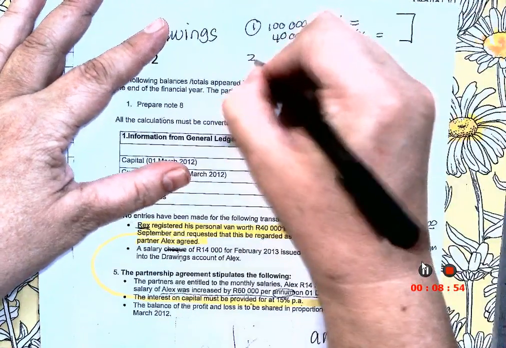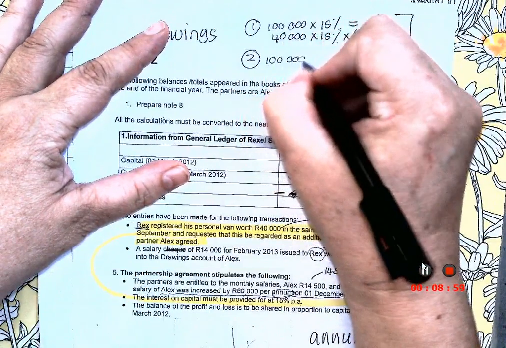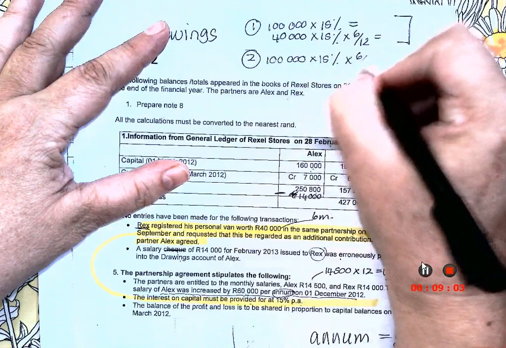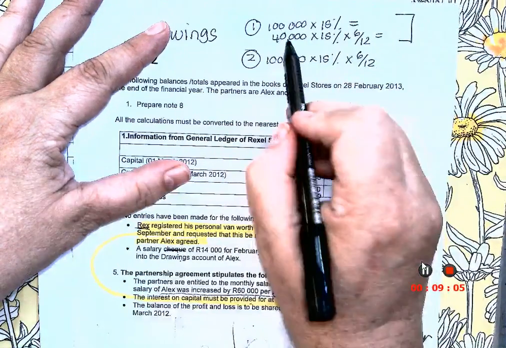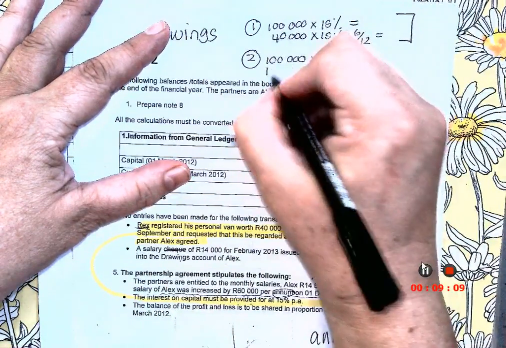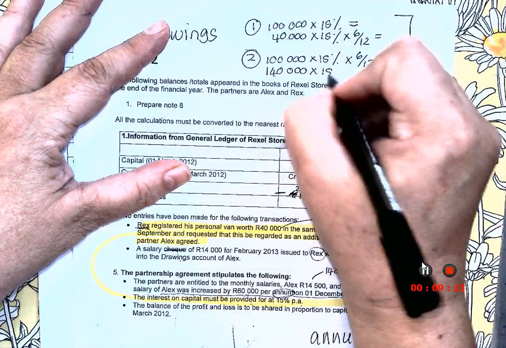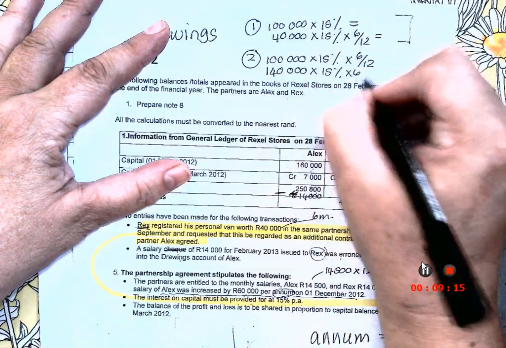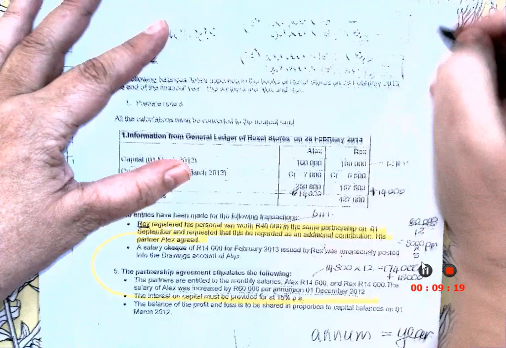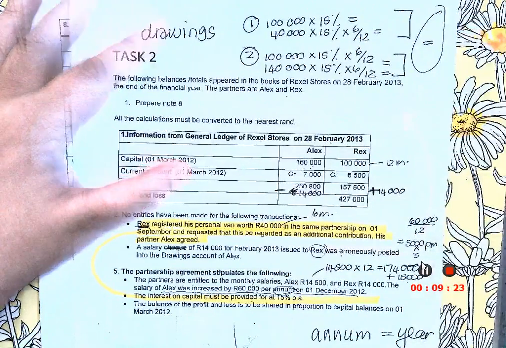The other method is I can say, okay, I had 100,000, 15% for 6 months, because after 6 months I got an increase. So now I have 140 for 6 months. And those 2 answers I add. And those 2 should be the same. It's the same. Okay. So you can decide.